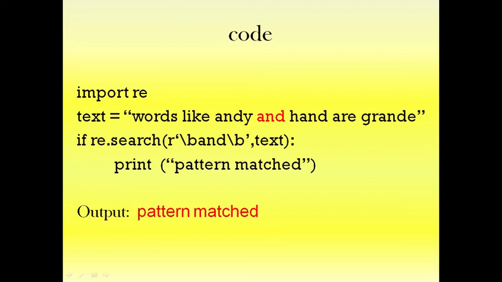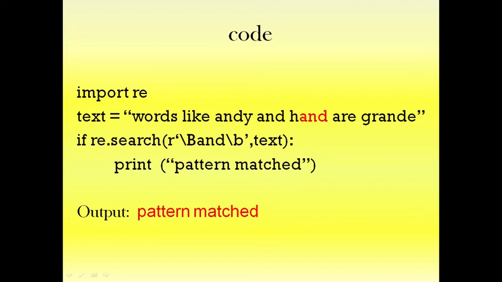Now the opposite of lowercase b is uppercase B. So that's an A that's not at the beginning of a word, N, and D that's at the end. So hand fits this, it will match the AND in hand because the first letter A is not at the beginning, there's an H in front of it, and the D is at the end.